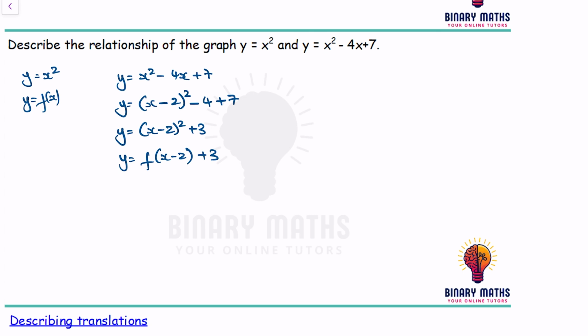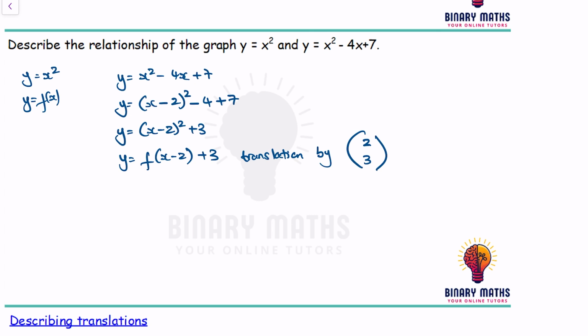So it's f(x - 2) + 3, which is a translation by the vector. Because it's x minus 2, it's a translation in the x direction by the opposite number, which is positive 2. And a translation in the y direction by positive 3, because there's a plus 3 outside the bracket. So it's a translation by (2, 3).